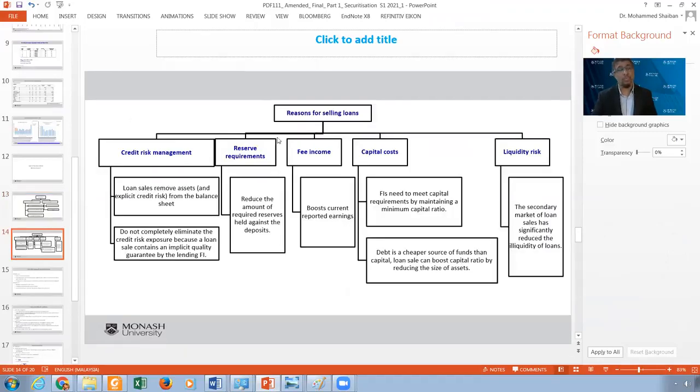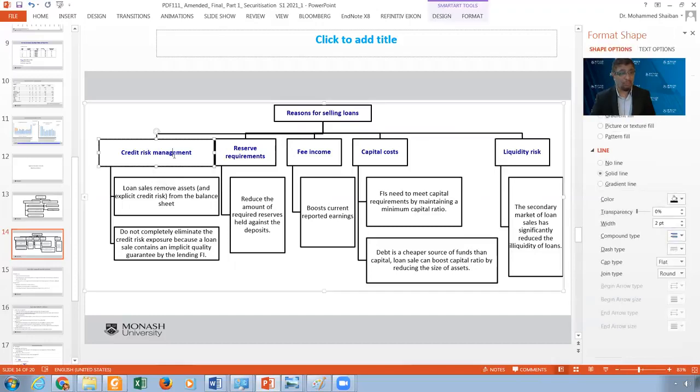Now, why do we sell loans? We already talked about the interest rate risk, but there are some other things. We can do credit risk management. When we say credit risk management, when you move the loan off your balance sheet, actually you move the loan with all of its problems. If that loan is bringing liquidity risk, it's out.